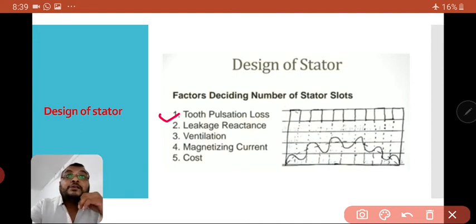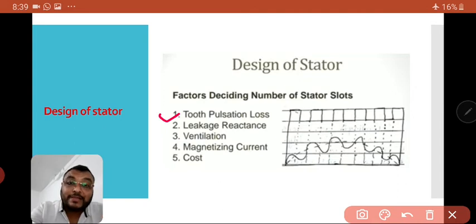Now the slot should be so proportioned that minimum variation in the air gap reluctance is produced, because it requires the minimum reluctance. The effect of this variation is to produce torque pulsation, losses and noise.